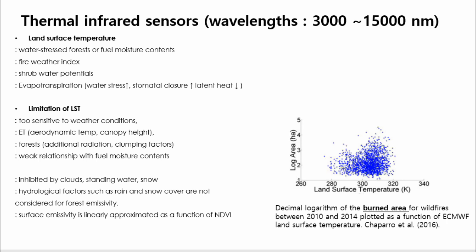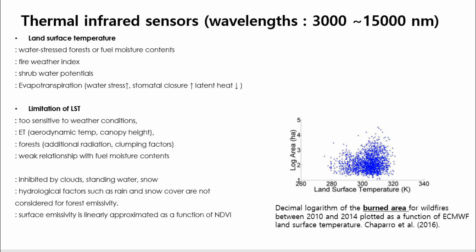And although LST is reliably estimated, sometimes there's a weak relationship with the fuel moisture contents. So if you look at the right-hand side, this figure shows the relationship between burned area and the land surface temperature, and the relationship is kind of scattered, right? And this is about the modeled land surface temperature.